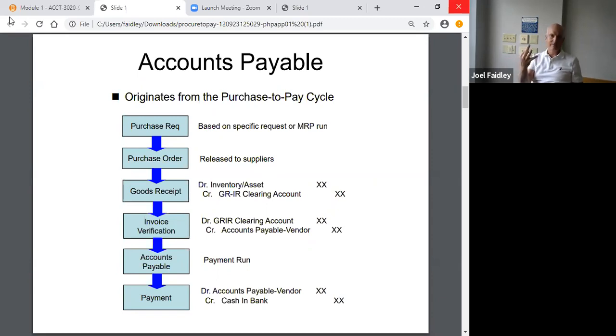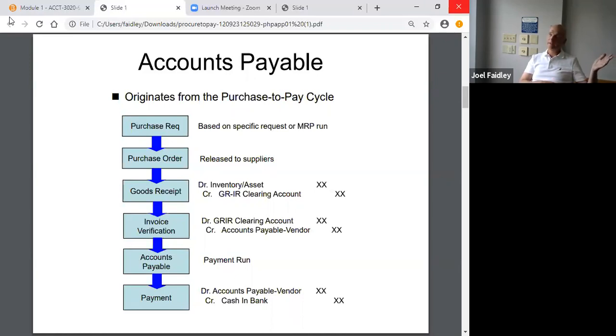This may be three pieces of paper. It may be three different items that are all databases on your computer. I mean, we're pretty much paperless anymore. The last company I worked for, it was all paper. The one before that, only the invoice was paper. The purchase and the receipt were both automated.